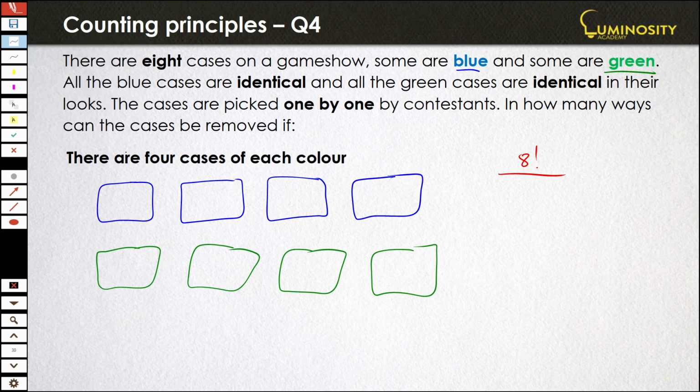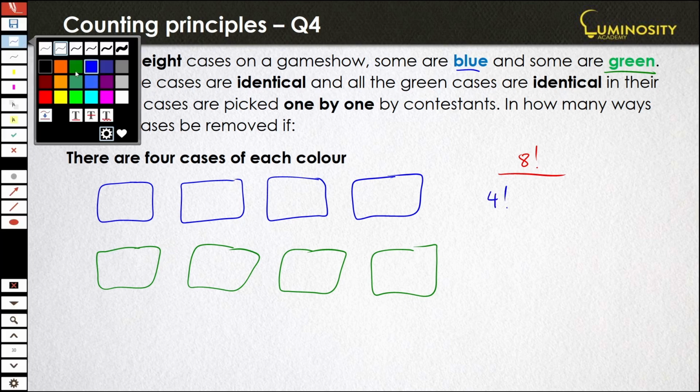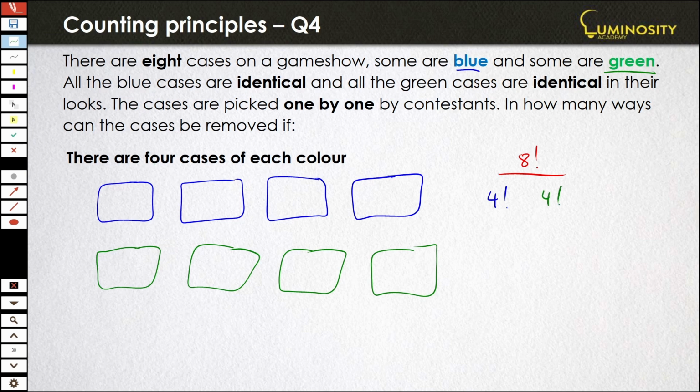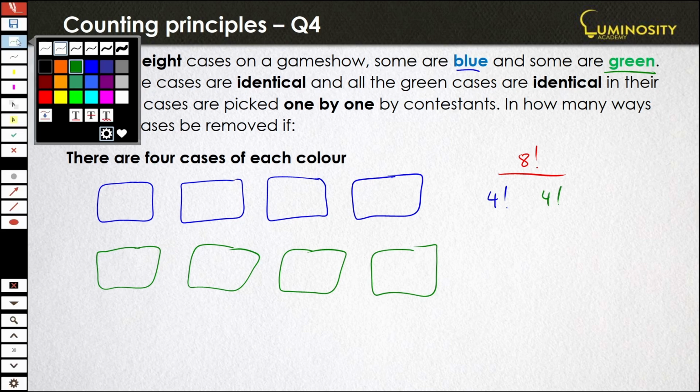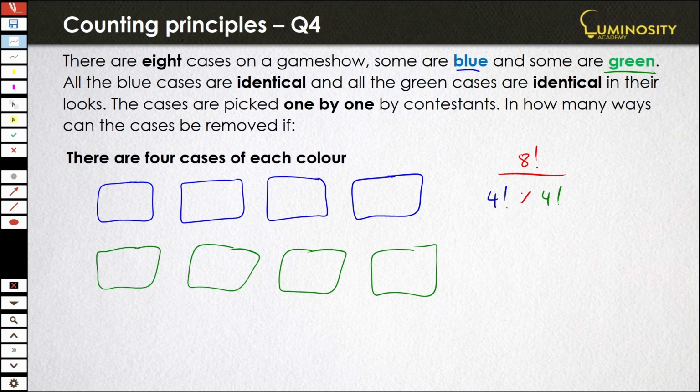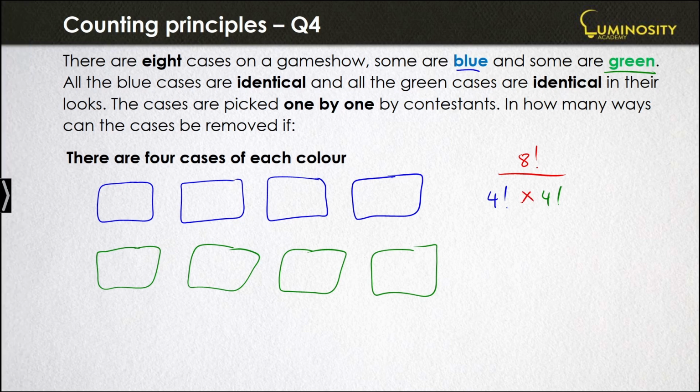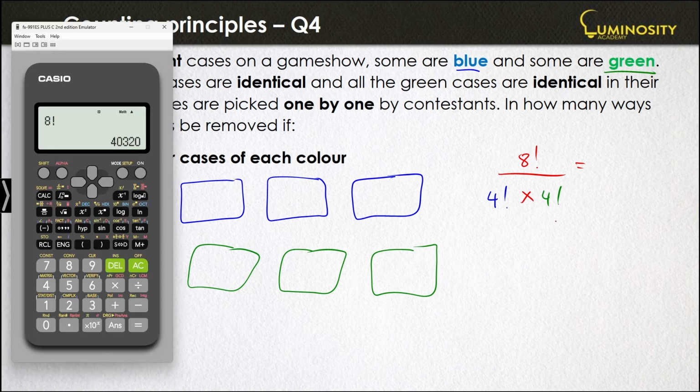However, there are 4 cases that are blue that are identical, and there are 4 cases that are green that are identical. So, by the fundamental counting principle for counting identical objects, we need to divide out the repetitions. So it's going to be 8 factorial divided by 4 factorial times 4 factorial.